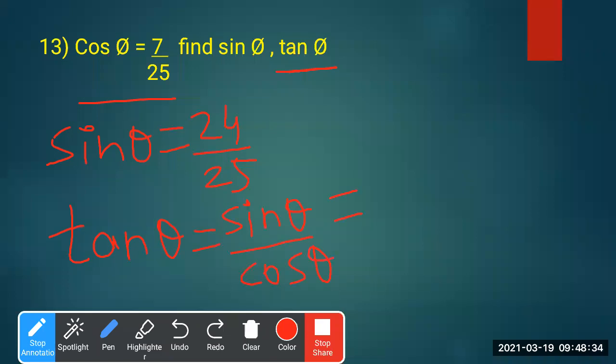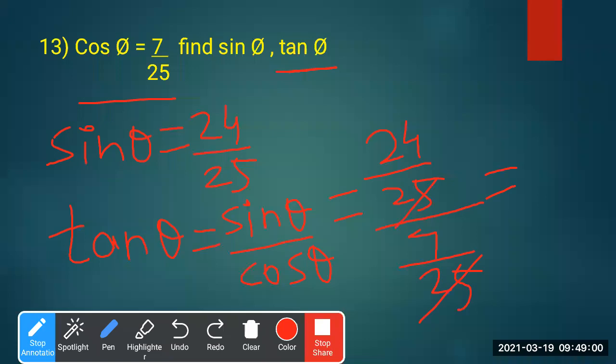So the value of sin theta is what? 24 upon 25 divided by the value of cos theta, which is 7 upon 25. So this 25 will get cancelled.